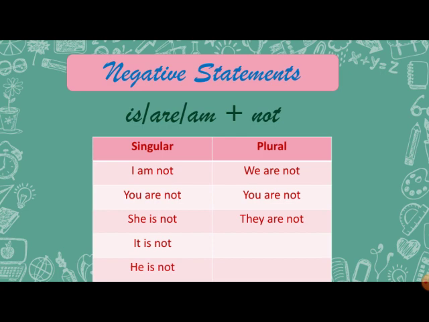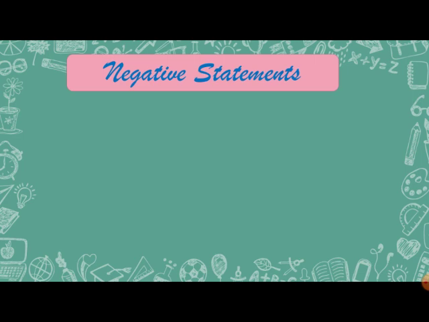I am not, you are not, she is not, it is not, he is not, we are not, you are not, they are not. But many a times you do not get the helping verb is, are, am.